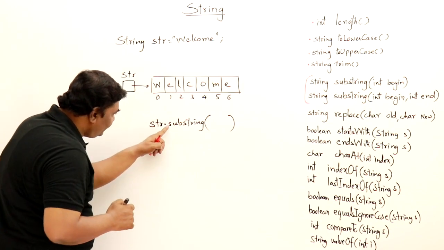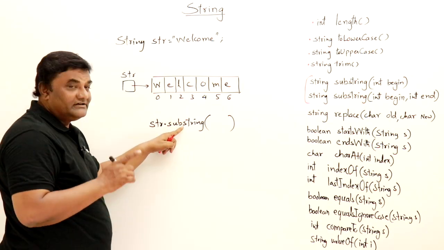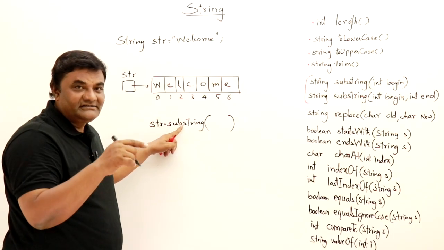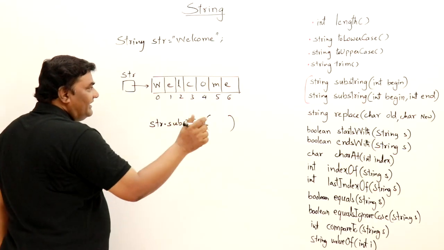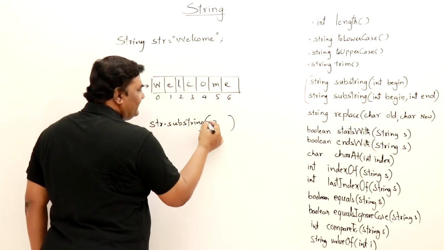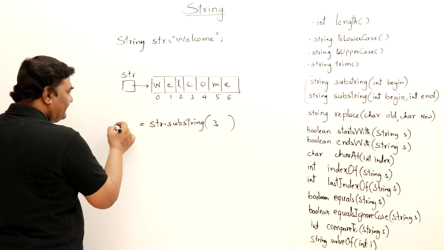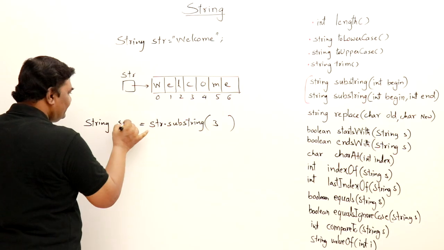Now one more thing to observe, that this is a single word. So these are not two words. So this is in small letter, right? So don't take the second word as capital S. Substring is a single word. So everything in lower case. If I say 3, all right, index is 3, then it returns a substring. So I will take it as another variable, let us say sub.